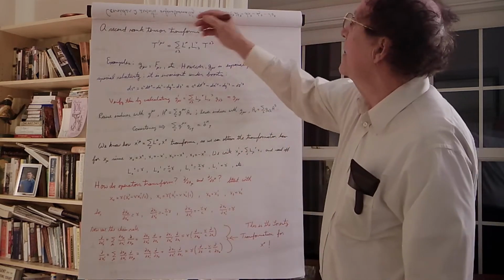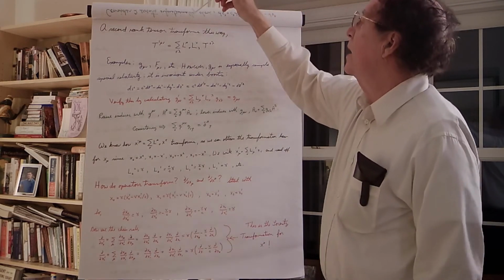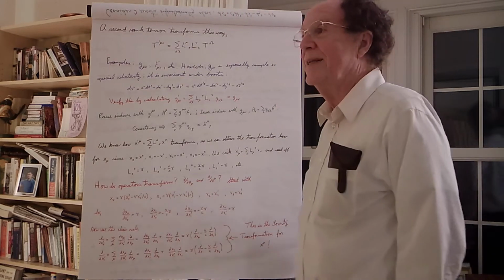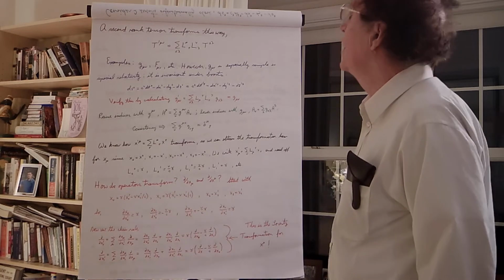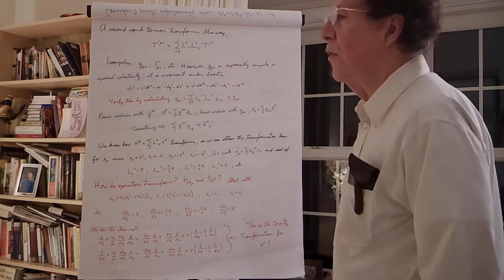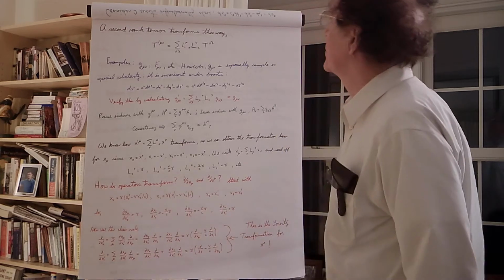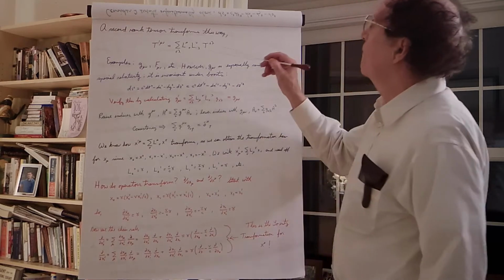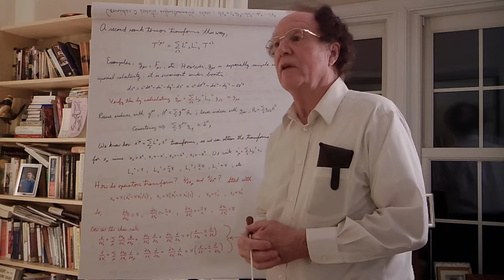So last time we ended up by noticing that we could define objects called tensors that depended not on just one index, mu, but on 2 indices, mu and nu, and they transform just like the outer product of 2 4 vectors. This is what defines them, and remember L mu nu is just the matrix of the Lorentz boost.